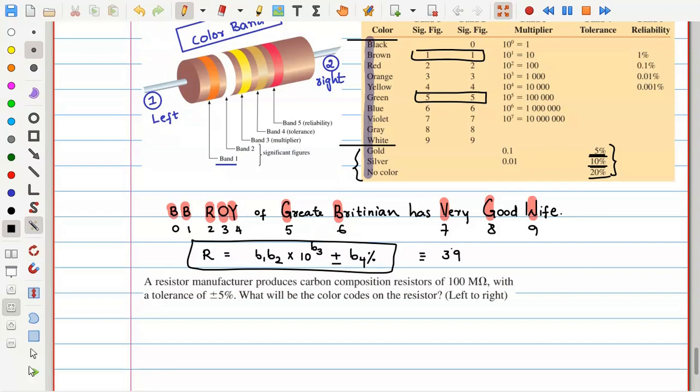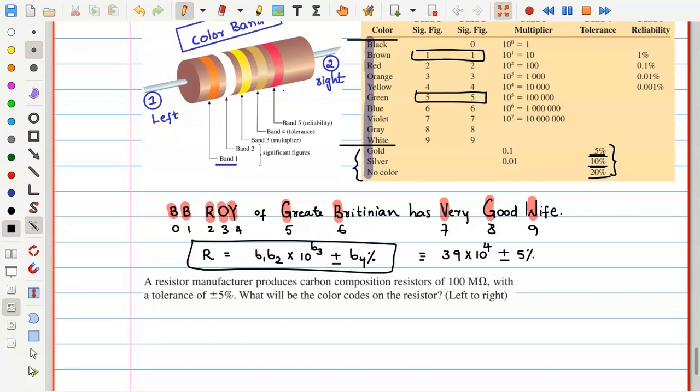These are the significant figures. Next is the multiplier, so into 10 power band 3. Yellow is 4, so 10 power 4. What is the band 4 color? Gold. 5%, so I will write plus or minus 5%. In this way, we can make use of this color coding to calculate the resistance value.